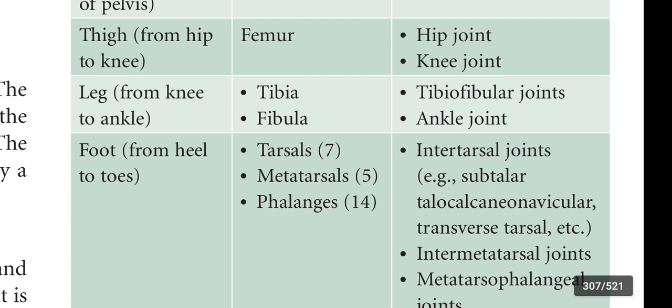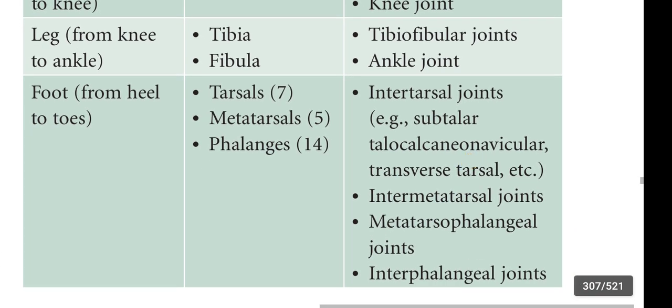Next, foot, from heel to toes. Okay, tarsals 7, metatarsals 5, and phalanges 14. These are the bones, and the joints here are intertarsal joints, subtarsal, talocalcaneonavicular, transverse tarsal, and intermetatarsal joints, metatarsophalangeal joints, interphalangeal joints.